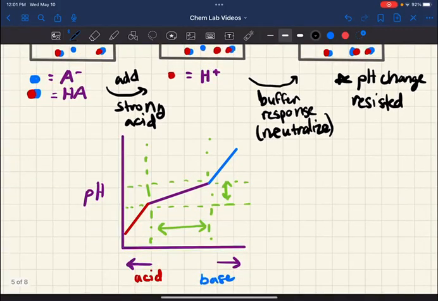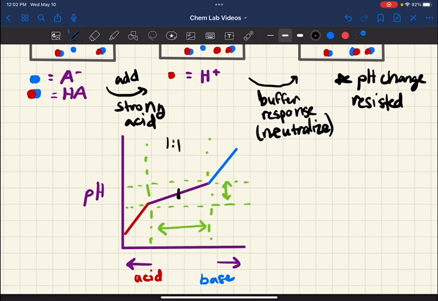So let's say we made a buffer solution, and let's just say we made it initially at a mixture of conjugate acid and conjugate base that fell right in the middle of the buffer range, so like we started with a 1-to-1.